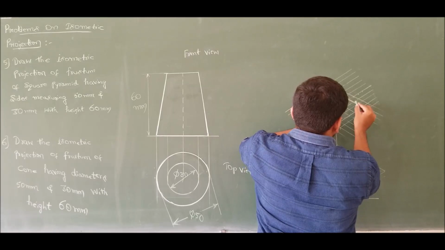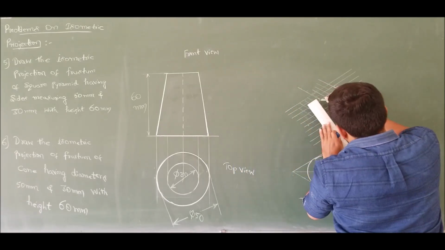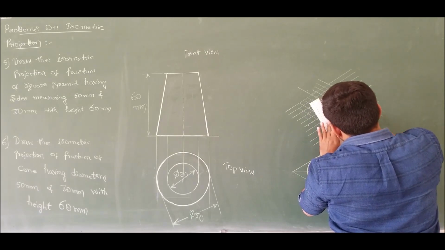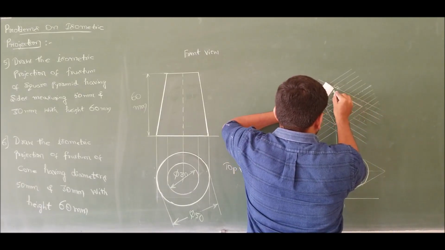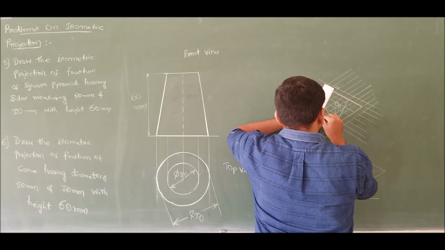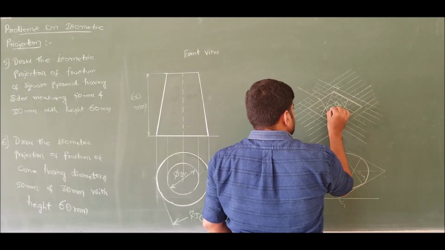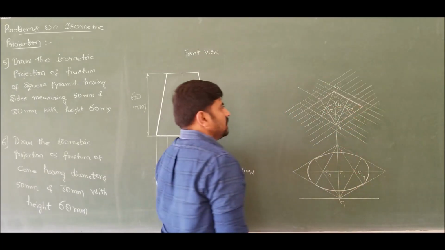So drawing the perpendicular bisector, I will get the centers C3 and C4. Mark the centers C3 and C4.